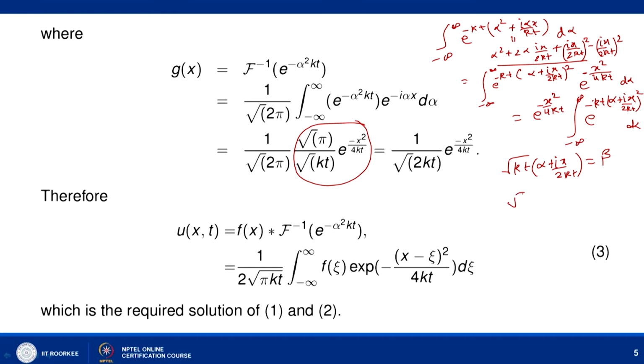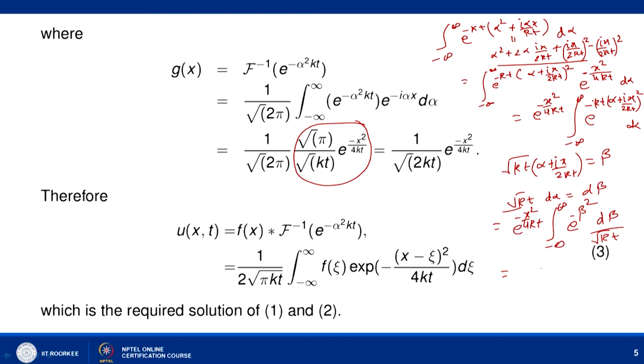Then root k t dα equals dβ, and the limits remain as they are. So, this whole thing I can write as e to the power minus x² upon 4 k t, and here you will get e to the power minus β² dβ divided by root k t, this quantity will come down. And we already know that the integral from minus infinity to infinity of e to the power minus β² dβ is root π.